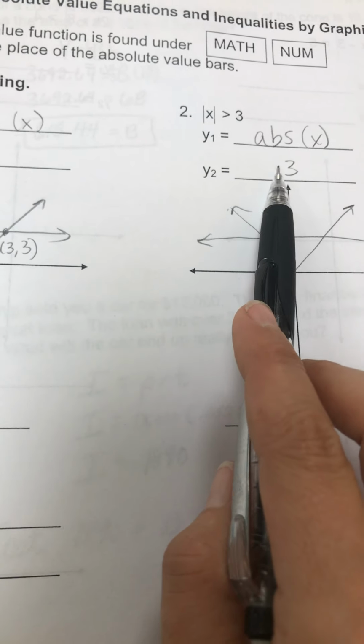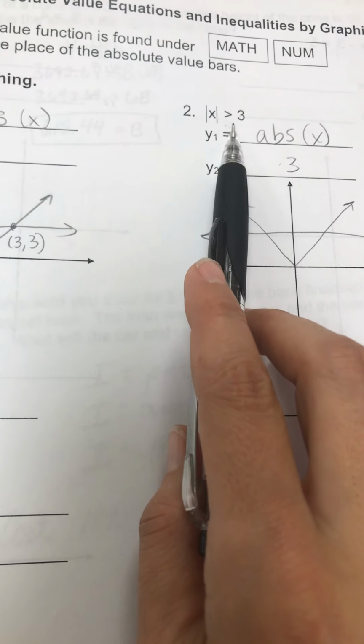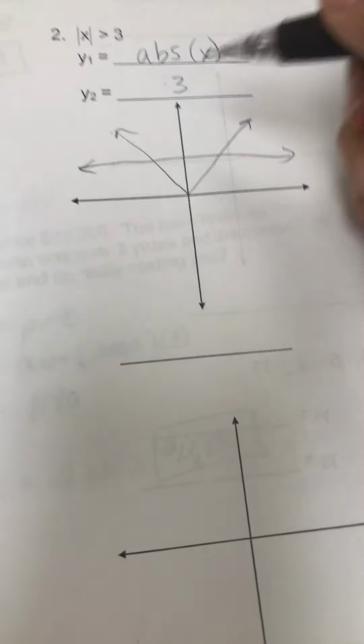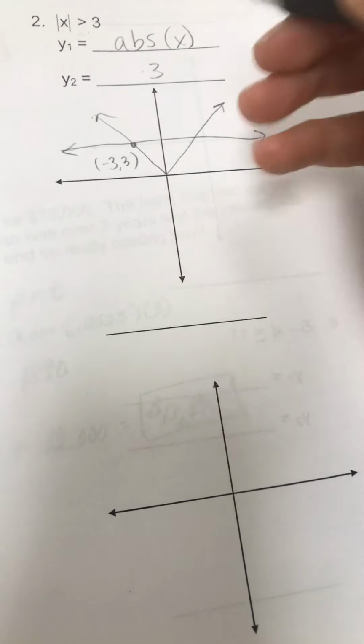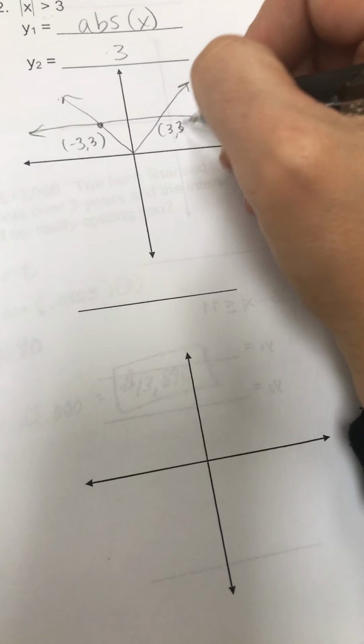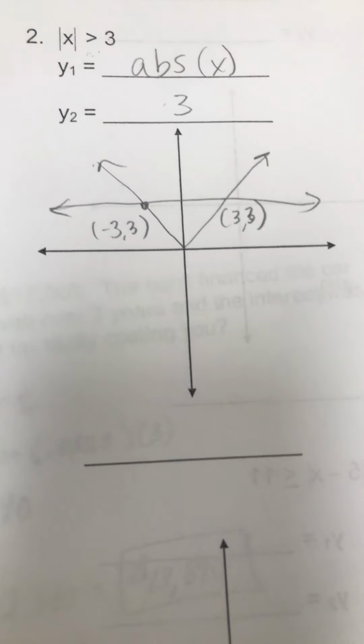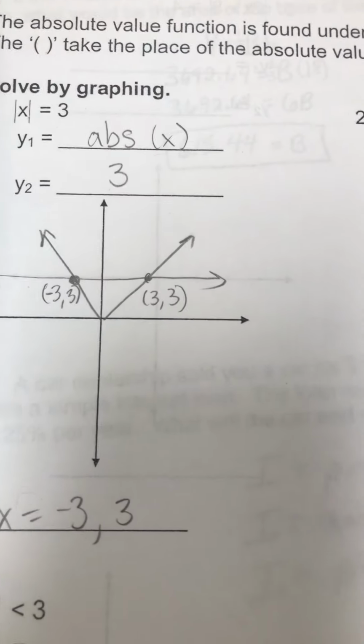The only thing that changed is the sign, so the graph is going to look exactly the same. The points are going to be negative 3, 3, and 3, 3. Nothing changed. It looks exactly like this one.